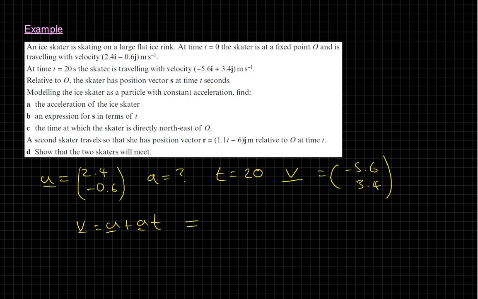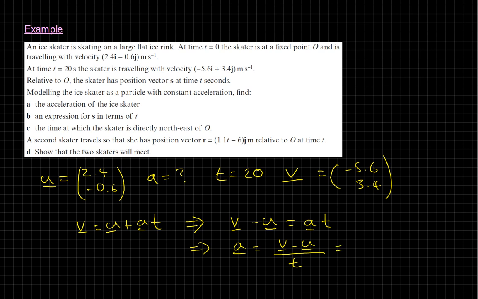And let's do a bit of vector rearrangement actually, because what we can turn this into is v minus u equals a times t, which it can then be turned into a equals v minus u all over t. That's completely valid.